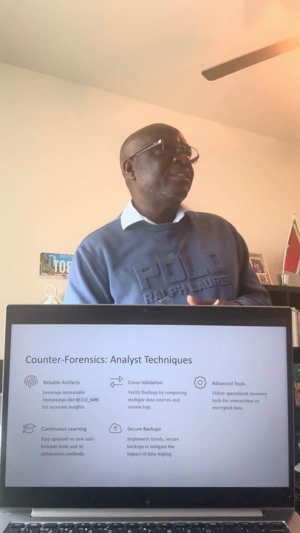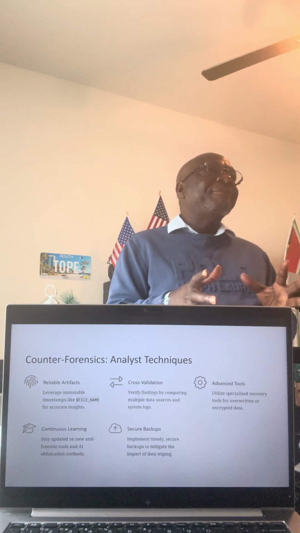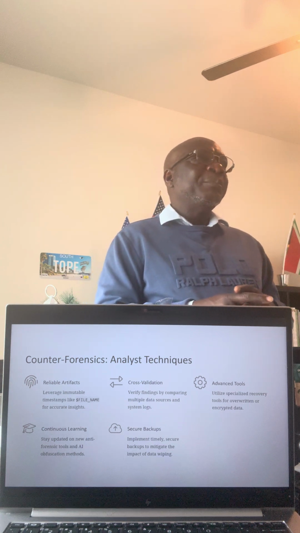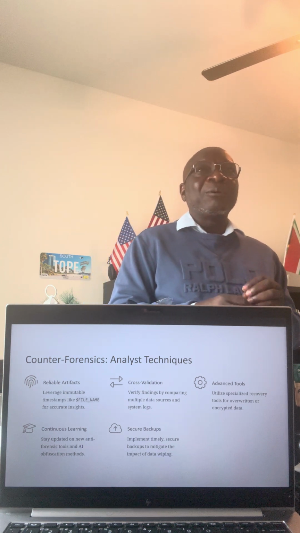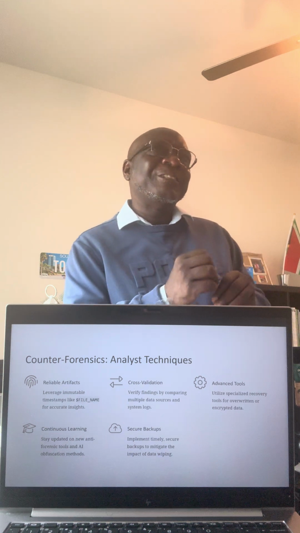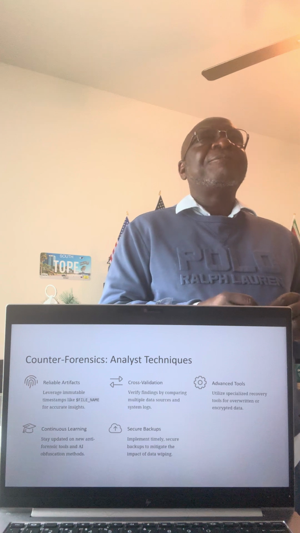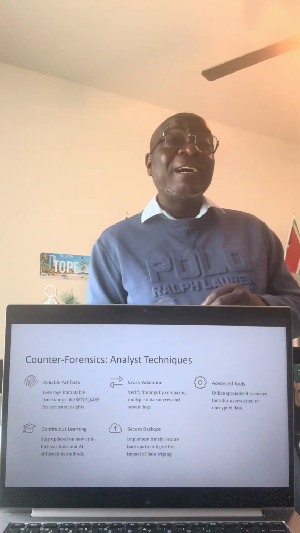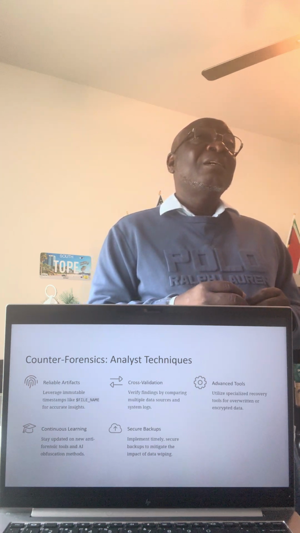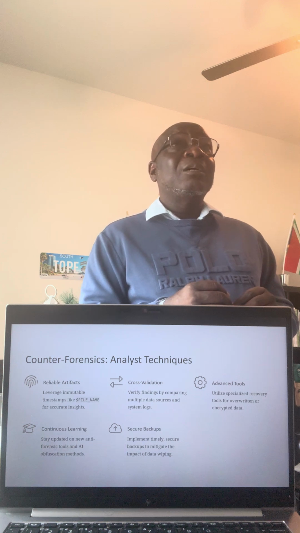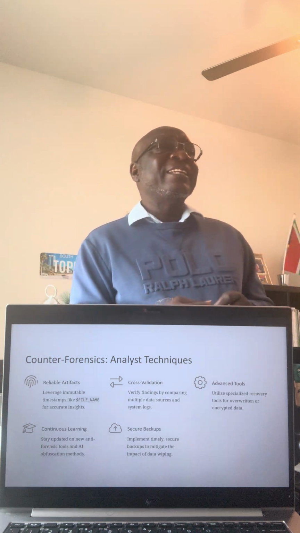Okay, starting with reliable artifacts. Remember I told you that attackers can do a lot of things to the files that we have. They can change the timestamp on the file. They can actually delete the log file entirely.